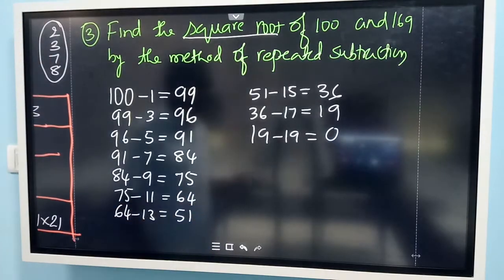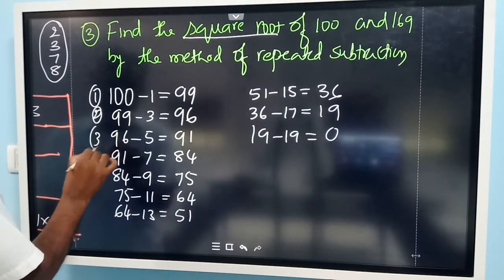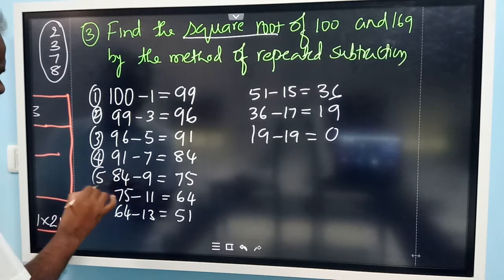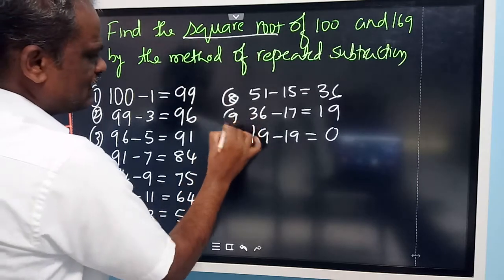So let us check how many steps you got. First step, second, third, fourth, fifth, sixth, seventh, eighth, ninth, 10th step.